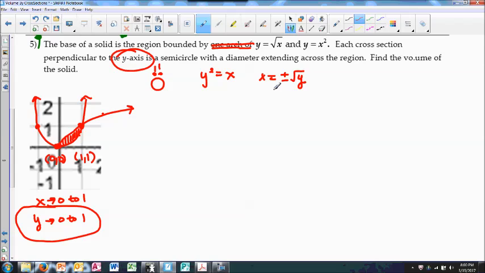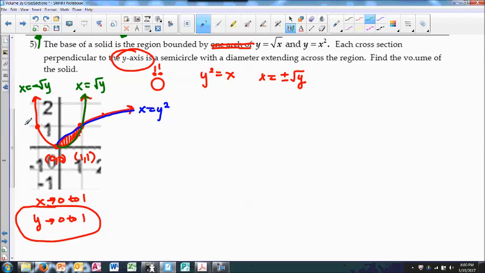Sorry, I said that backwards. Now you can't do both of those functions if they both aren't relevant, and for us they are not both relevant. We are doing x equal to y squared, and x equal to positive or negative square root of y, we're using the positive x side. So x is positive as opposed to x being negative.